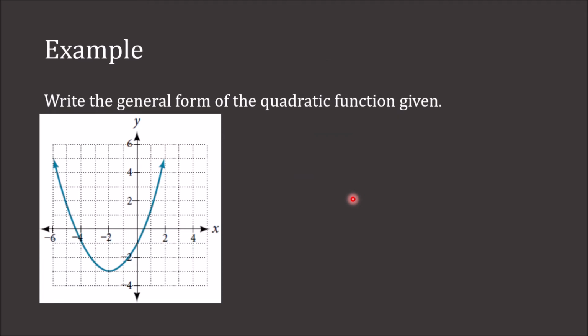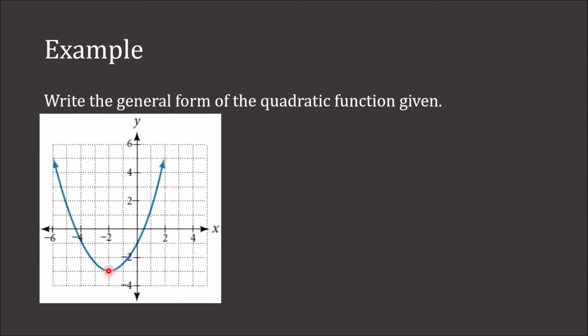So here we're given a graph of a quadratic function, and we wish to write it in its general form. So to do this, the first thing we have to do is look at the vertex. If we look, the vertex is located right here.